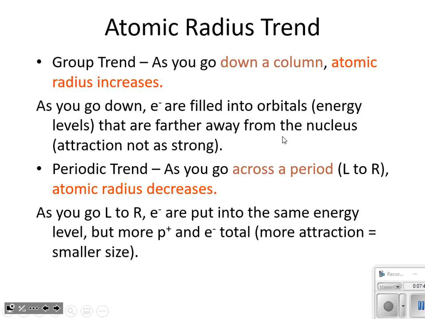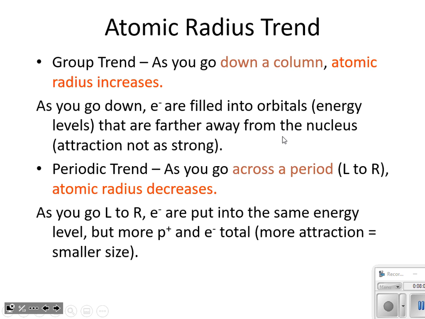So when I'm thinking about these, based on what we have discussed here, what element should have the greatest atomic radius? Carly, what do you think? Francium. Now, if you look at the atomic radius, francium doesn't have a value.